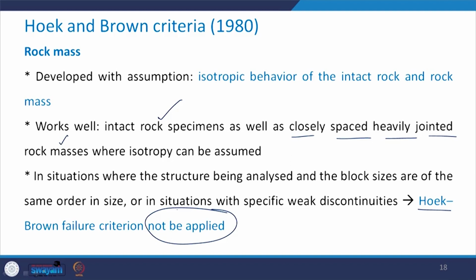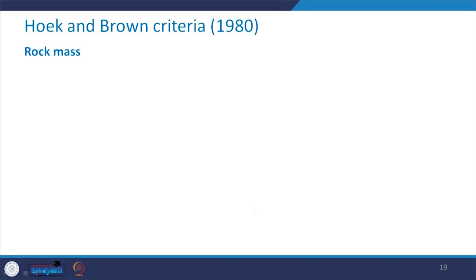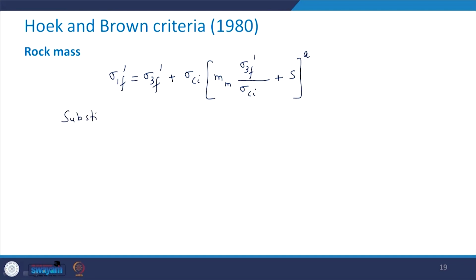Therefore, for the rock mass, the criterion is sigma 1 f prime equal to sigma 3 f prime plus sigma Ci into sigma 3 f prime divided by sigma Ci plus S, to the power A. Now, you just substitute sigma 3 prime equal to 0.